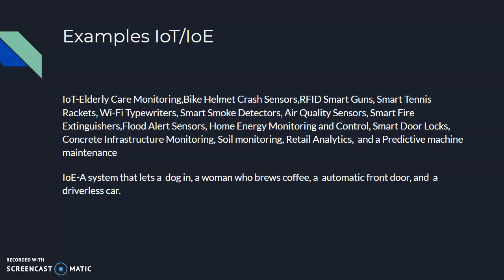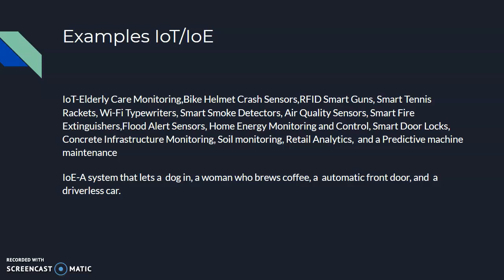IoT is kind of the data and the process behind it, the monitoring, the sensing, and stuff behind it. While IoE also focuses on that when it comes to things like an automatic front door, which uses sensors, and a driverless car, which senses and monitors things around you. A system that lets a dog in, which is sensors.